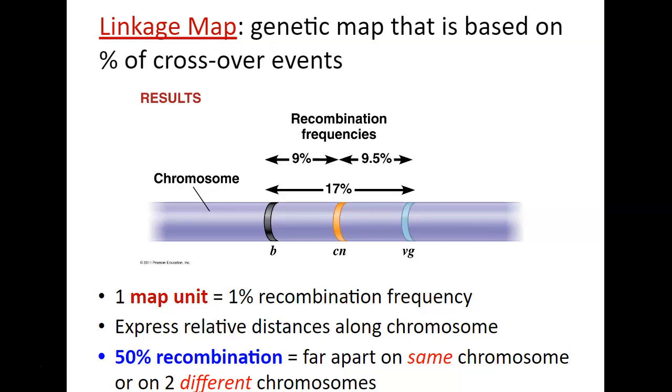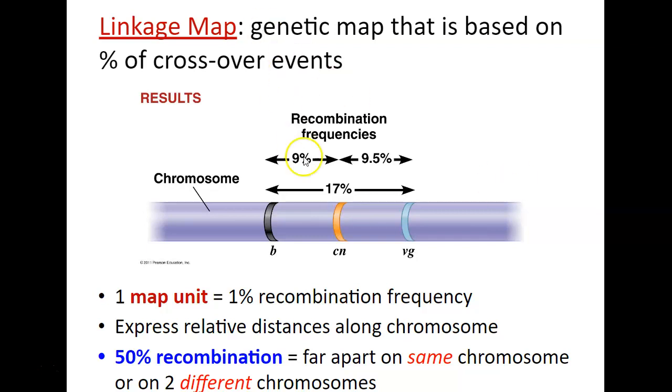And it helps give a relative distance. If you have anything at 50% recombination or higher, usually 50% is the high, then that means the genes are either really far apart or they're on different chromosomes. But anything less than that, you can try to organize by their recombination frequency.